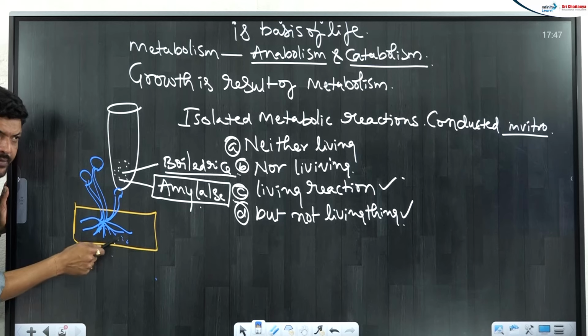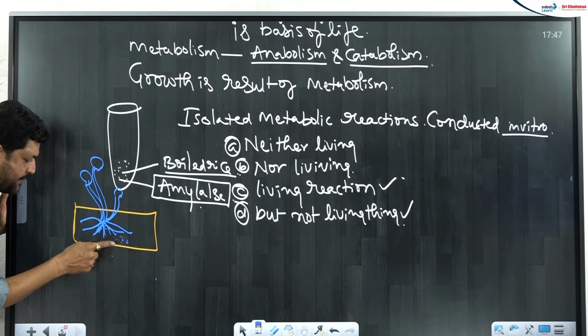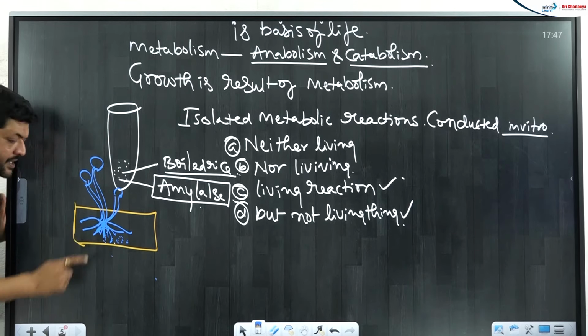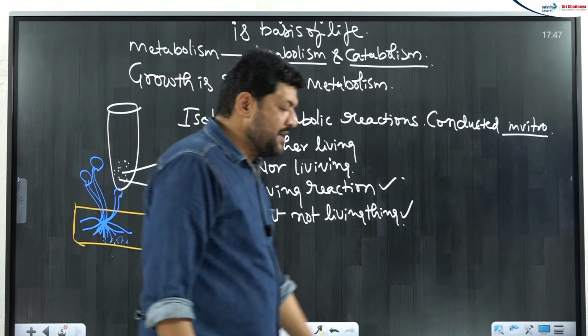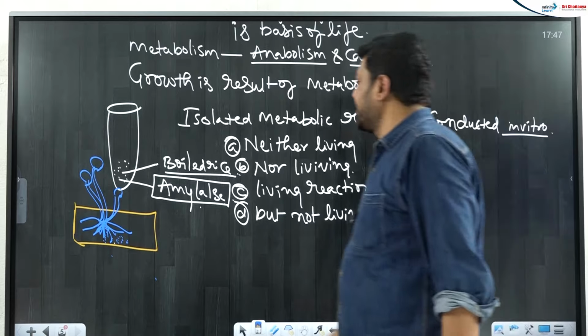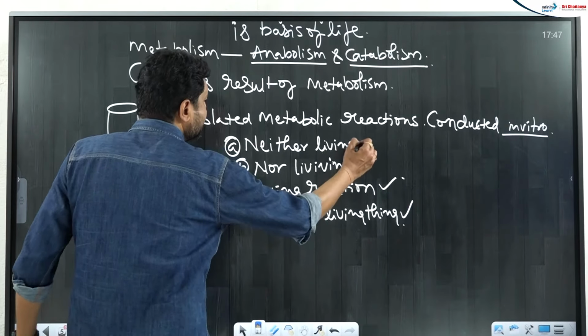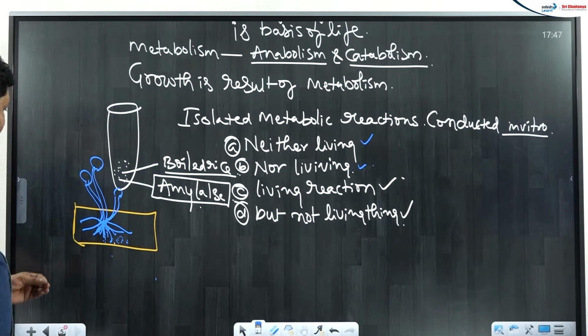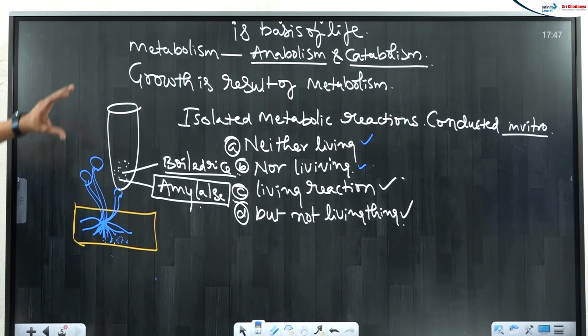The enzymes will digest the food material outside, and the digested food will be absorbed by the rhizoids. Got it? So digestion is extracellular. So that is neither living nor non-living. Fungi digesting food materials outside the cell, neither living nor non-living. Was it clear?